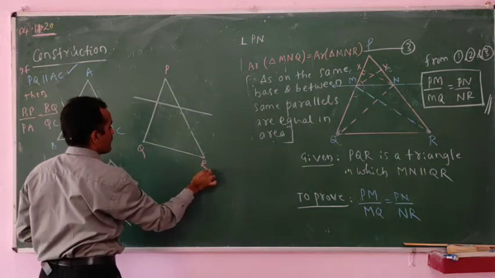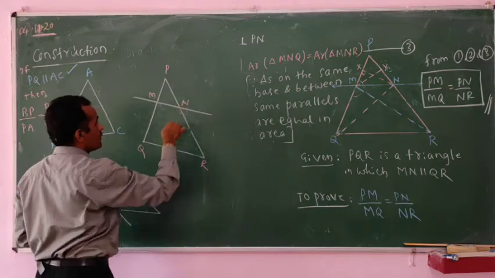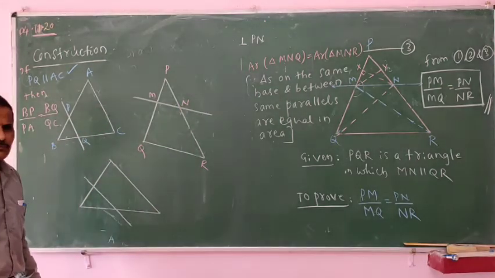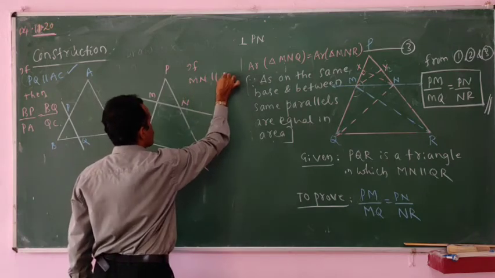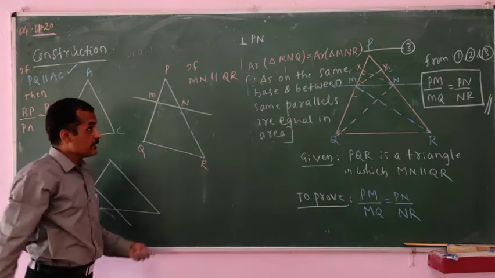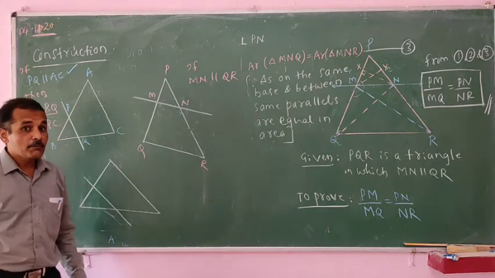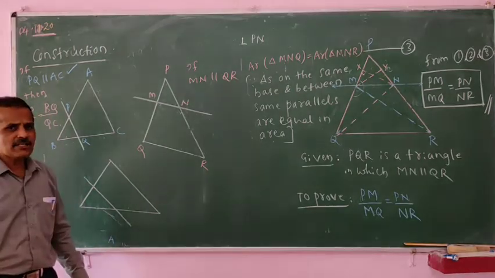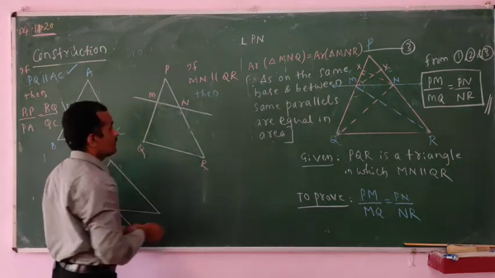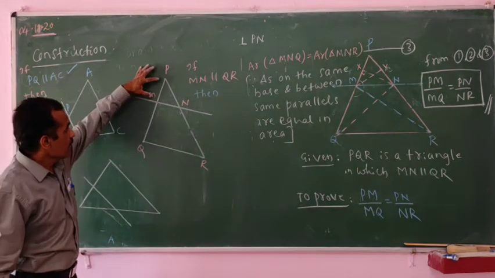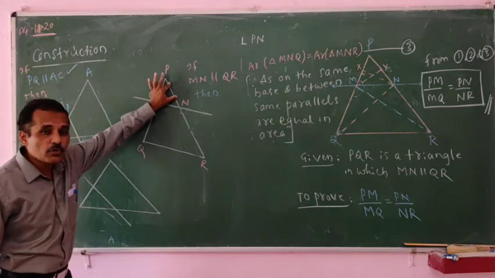Come on, take this figure, PQR. Now what am I giving? If MN is parallel to QR, if I give you that these two are parallel, what can you say? Can I say PM and PN are equal?